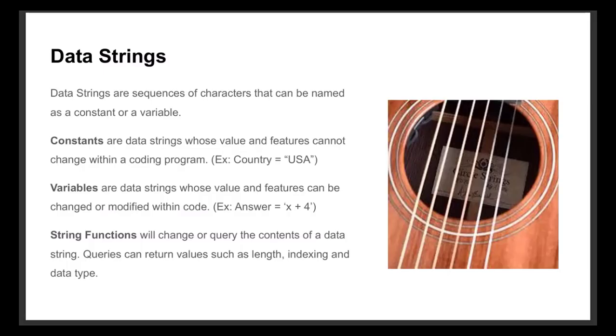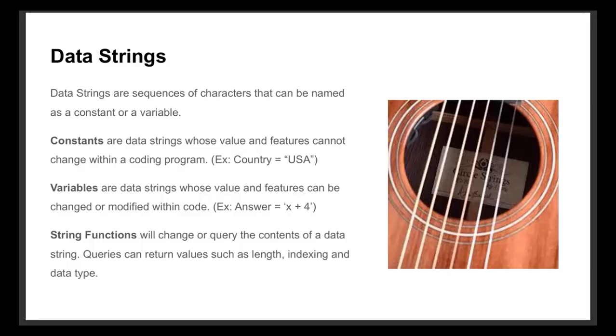Data strings allow us to query specific individual strings by returning values such as a data string's length. We can index individual characters, as well as the data type that appears within the data string. Within your data strings, you can have letters, numbers, or special characters. These are the symbols you see on your keyboard.